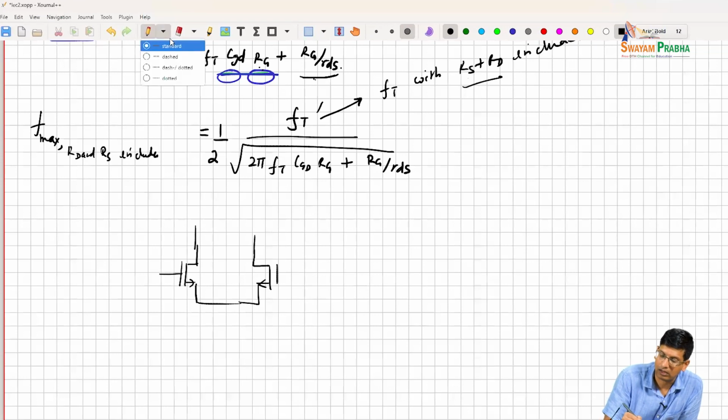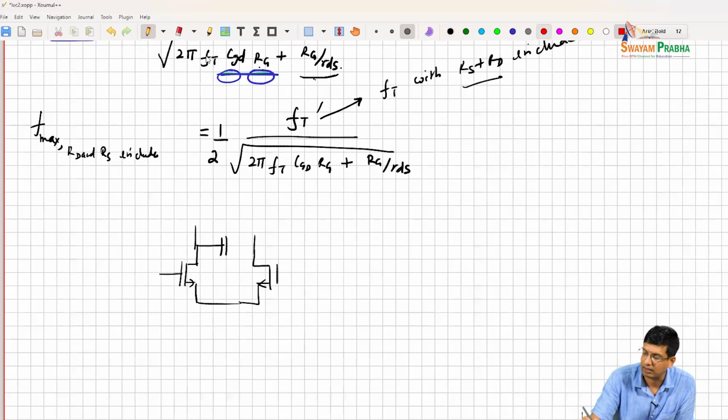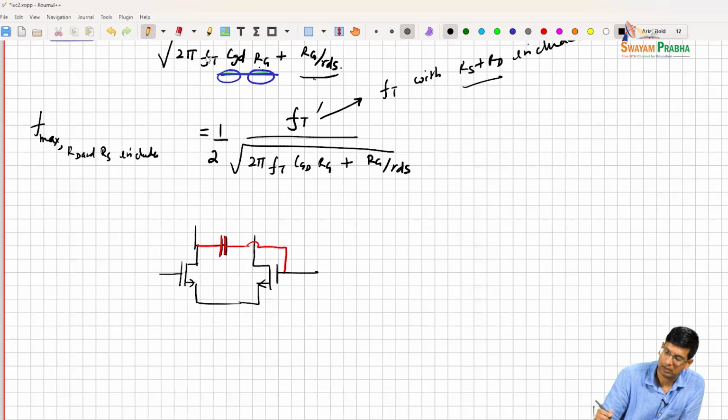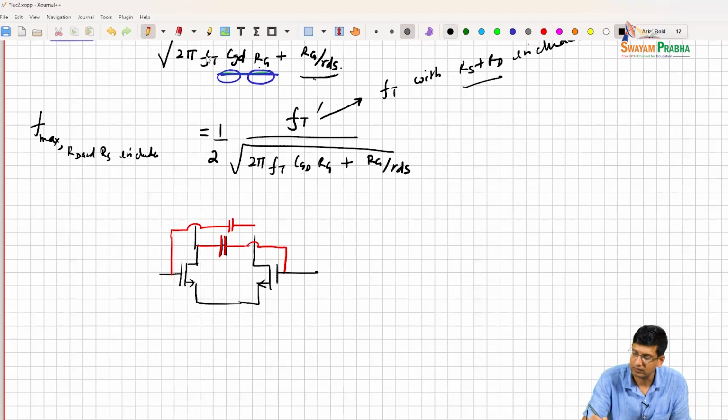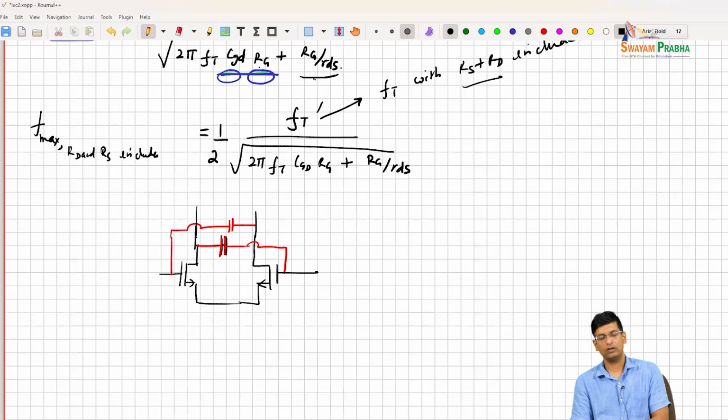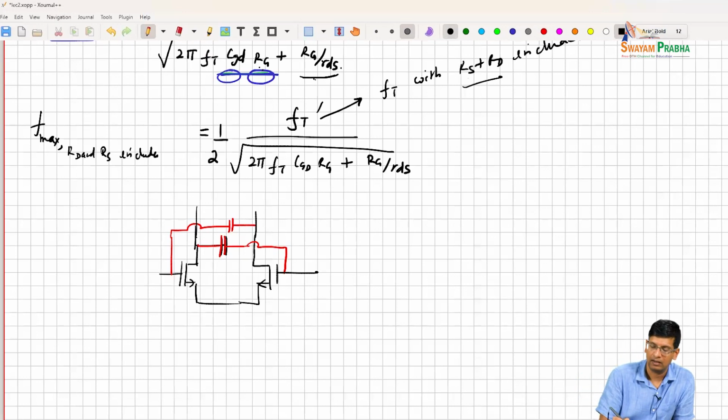And then you're neutralizing by... So you're effectively playing this trick that the intrinsic device, which is like so, right?